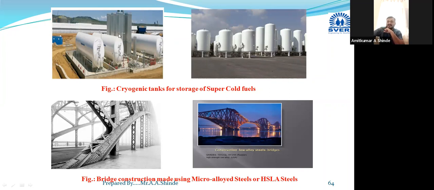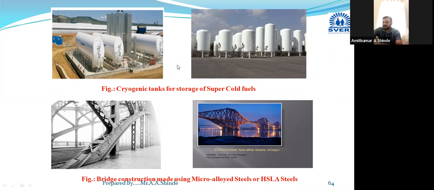Then these cryogenic tanks are for storing super cold fuels like liquid hydrogen or liquid oxygen. Then different oil and gas transmission pipelines or storage tanks are manufactured with the help of this HSLA steel only.